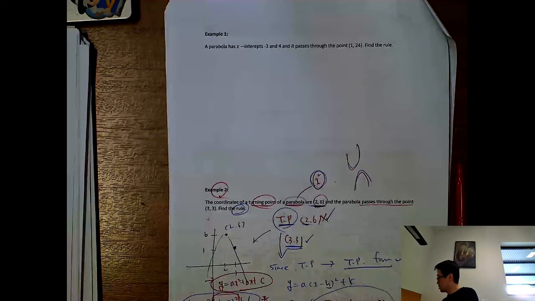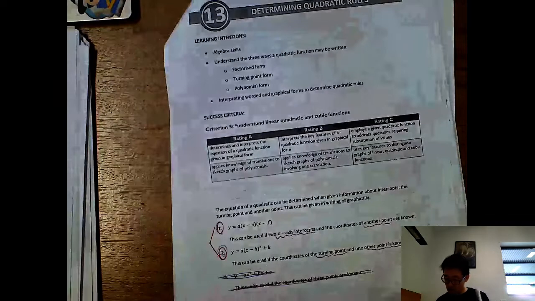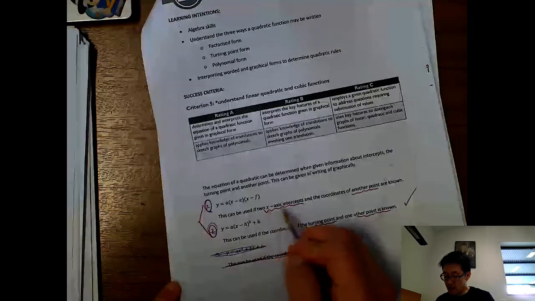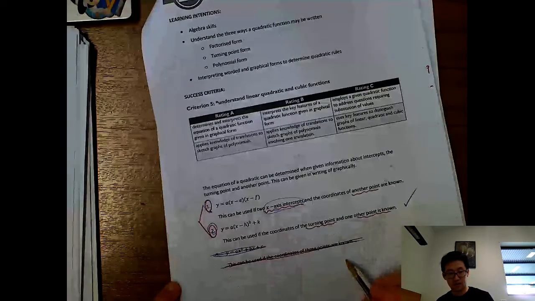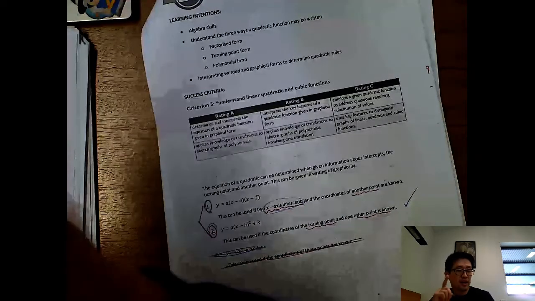Type 2. Down there. This first one, when we have the x-intercept. The x-intercept is when y equals 0, isn't it?